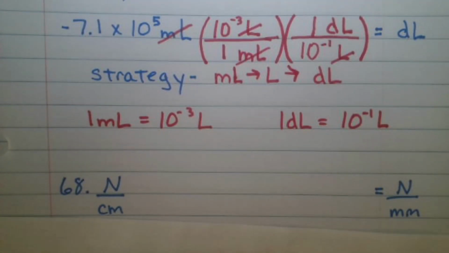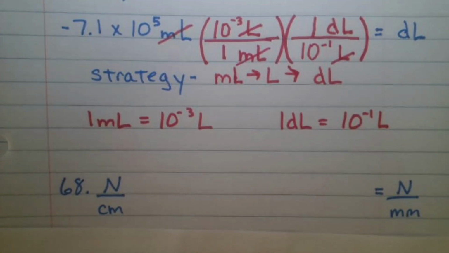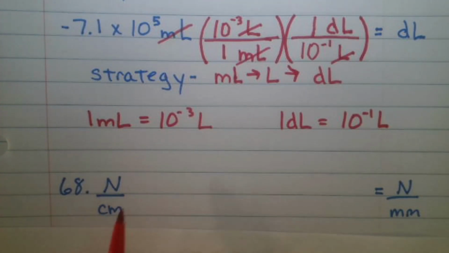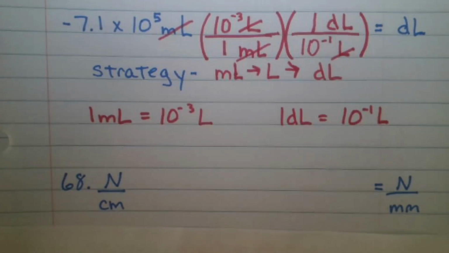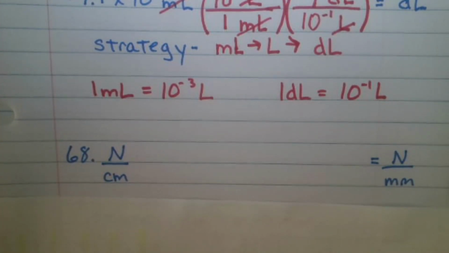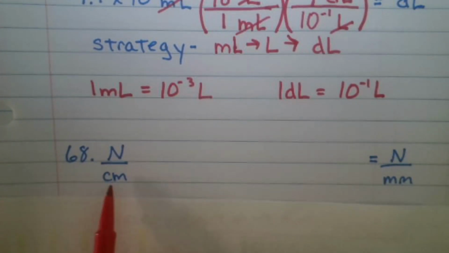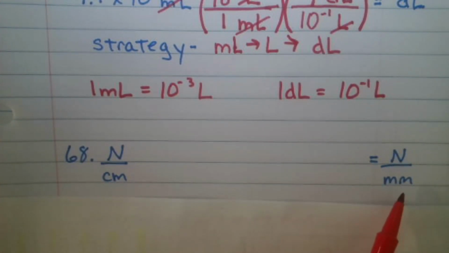Okay, next example. I'm trying to convert from newtons over centimeters to newtons over millimeters. So basically it's the same idea. All we're doing is converting from one prefixed unit to another, which means I have to convert from this prefixed unit to the base unit, and then from the base unit to the prefixed unit.